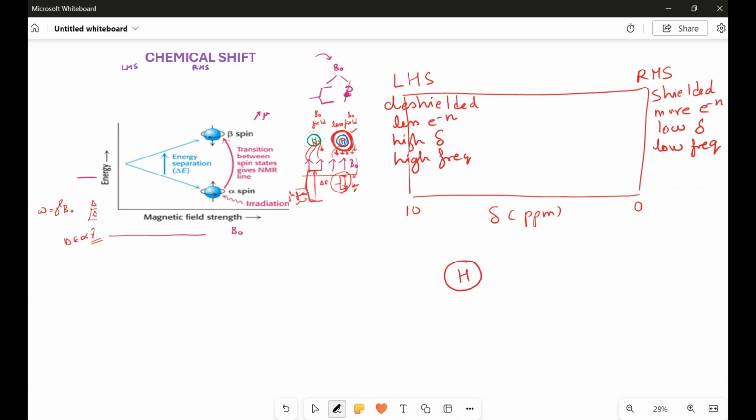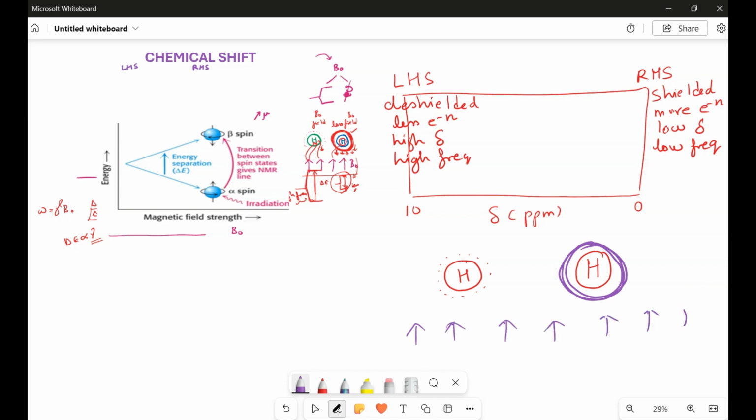The nuclei which are de-shielded, and the hydrogen which is shielded: the shielded one will experience less B0 and undergo less splitting, and the de-shielded one will experience more B0.